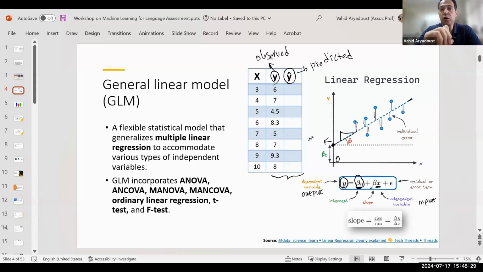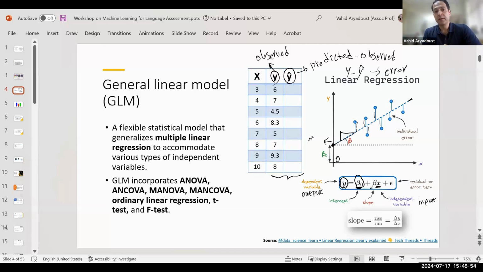Now, these two are used to estimate predicted minus observed statistics, or the other way around, observed minus predicted statistics, usually y minus y hat, which gives us the amount of error.